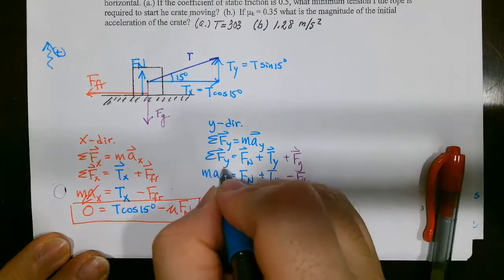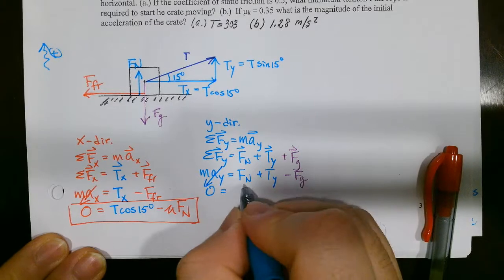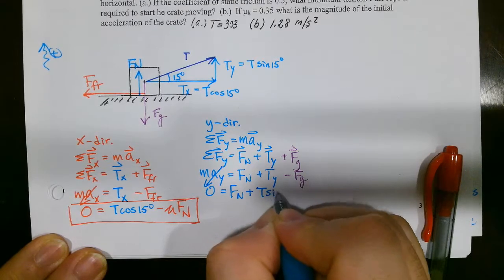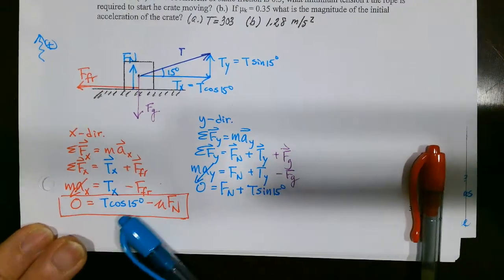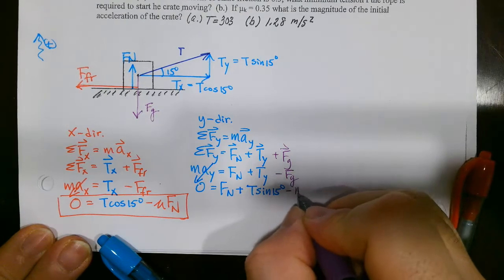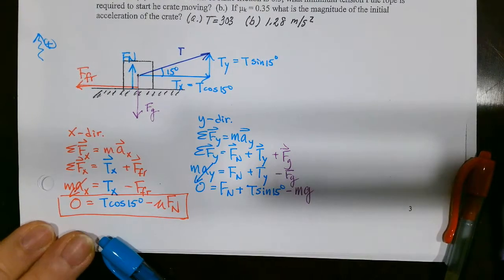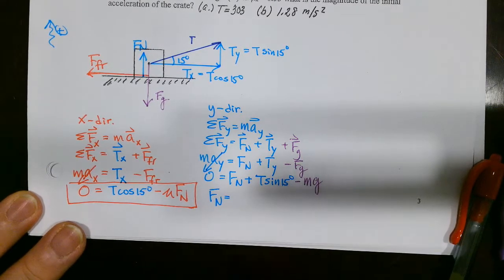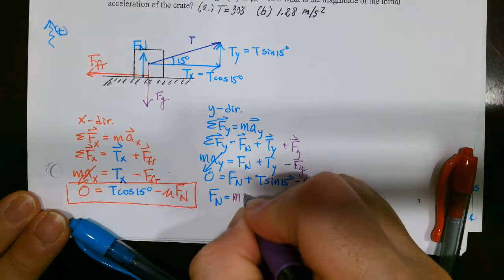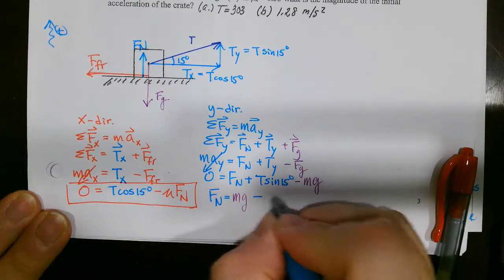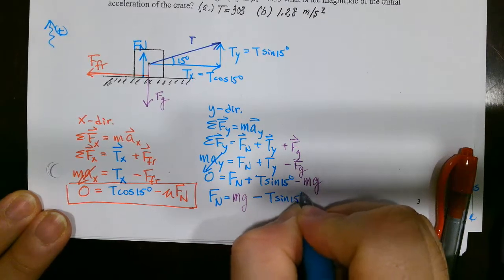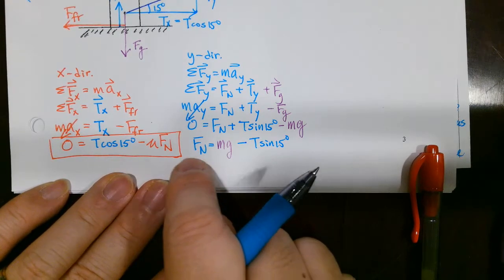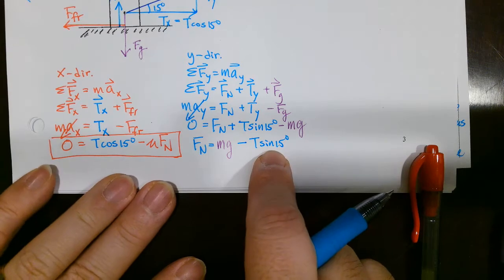Since my acceleration in y is 0, F normal plus T sine 15 minus mg equals 0. So if I solve for F normal, my F normal is equal to mg minus T sine of 15 degrees. So you can calculate your normal force in terms of T.